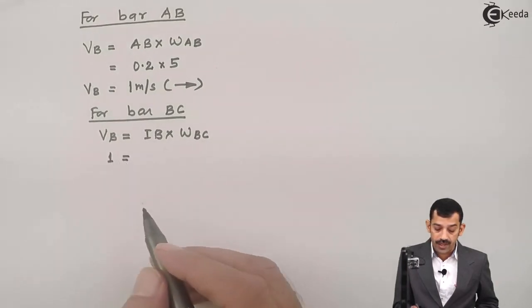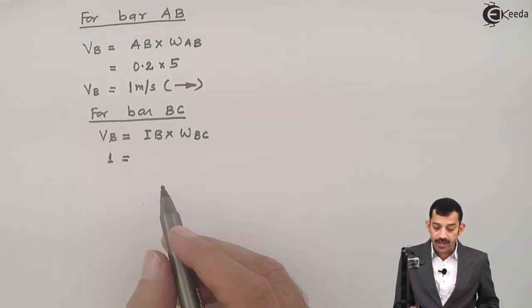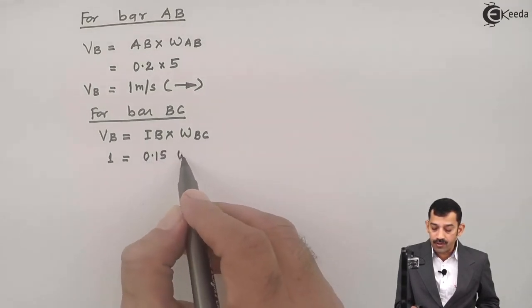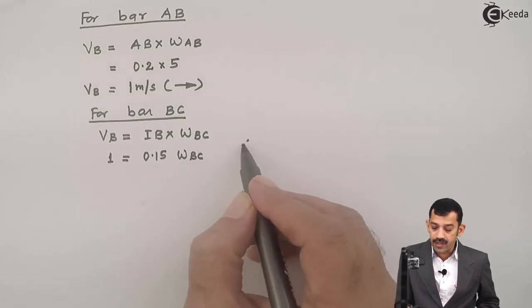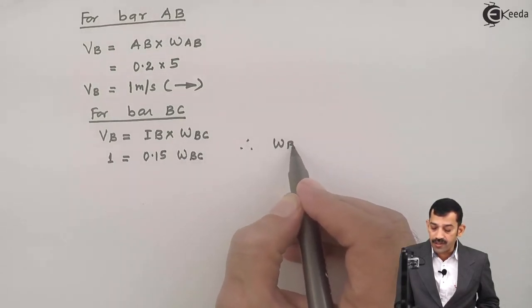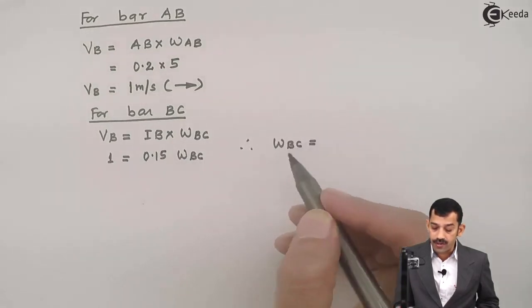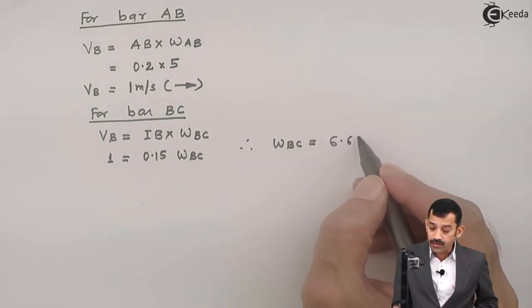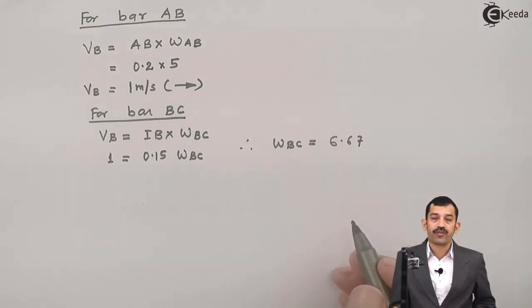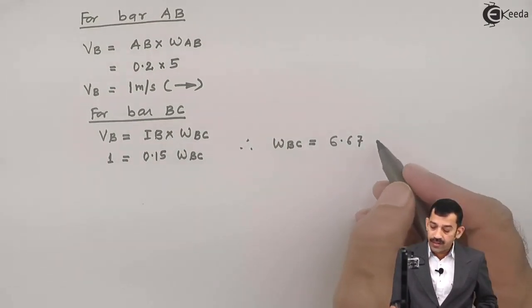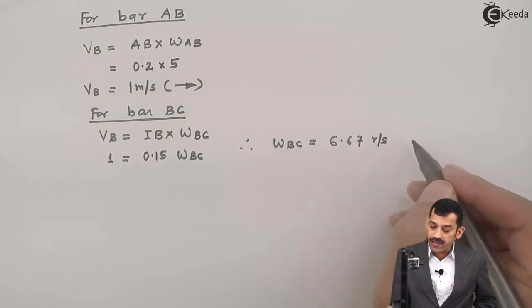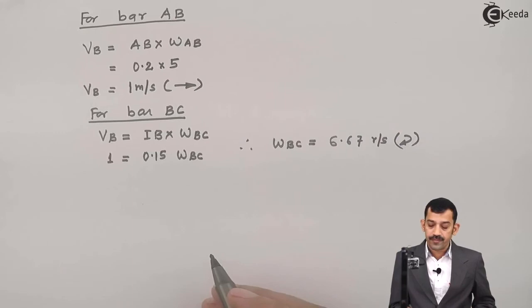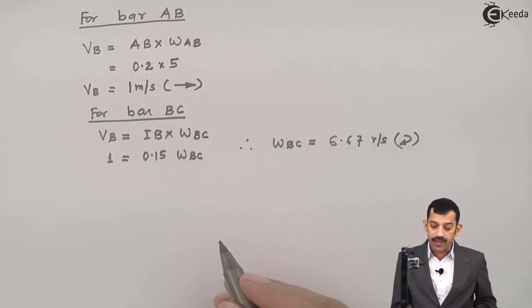IB length given in the problem is 150 mm, that means in meters it is 0.15 into omega BC. Therefore, omega BC is 1 upon 0.15. If you calculate using a calculator, it comes out to be 6.67 radians per second, and the direction you already decided is clockwise. This is your answer, omega BC.